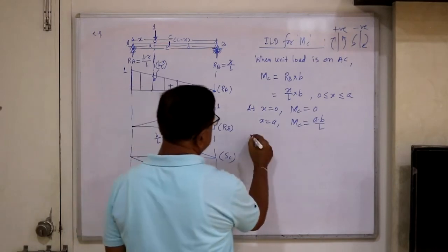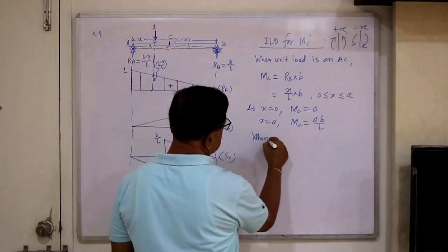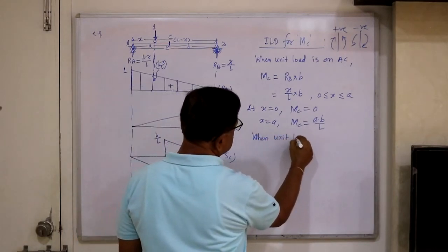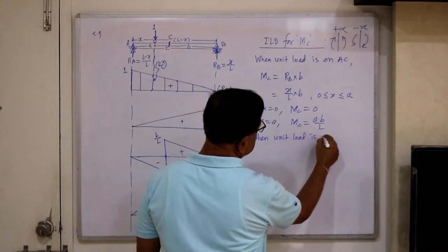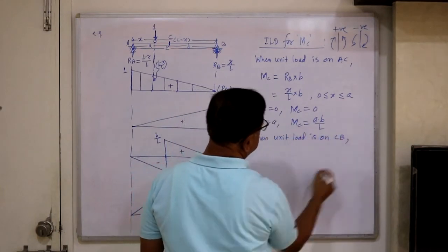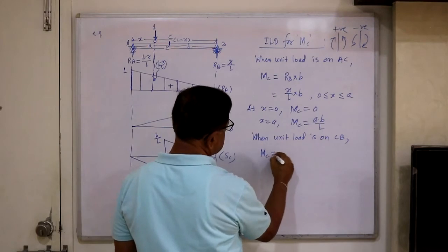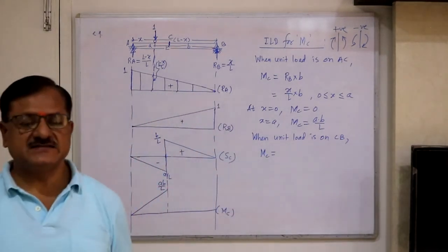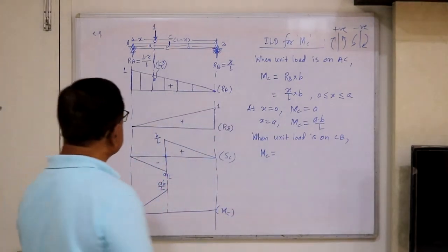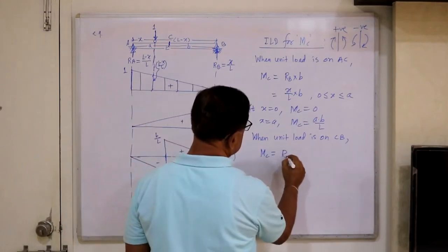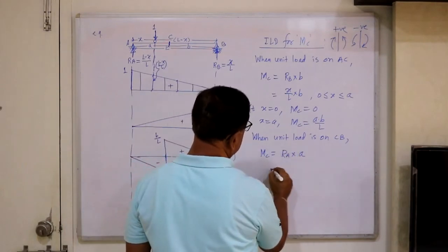Now next, when the unit load is on CB, the bending moment at C is calculated by considering the left hand side of the section, that is again sagging, positive, RA into A. What is RA?